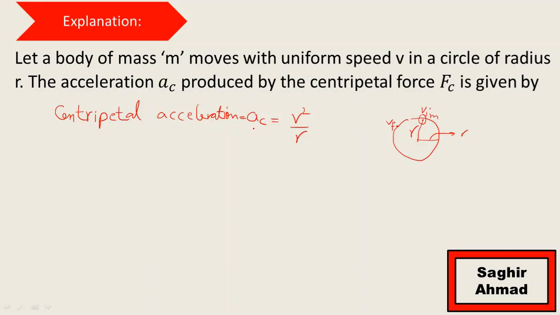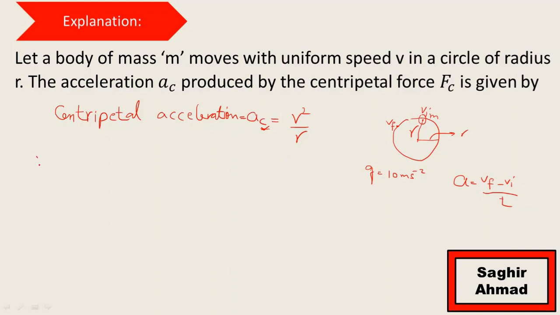You also learn the gravitational acceleration, whose value is 10 ms^-2. Also we already learned acceleration; the formula of acceleration is (vf minus vi) over t. The formula of centripetal acceleration, c for centripetal, is v square over r.